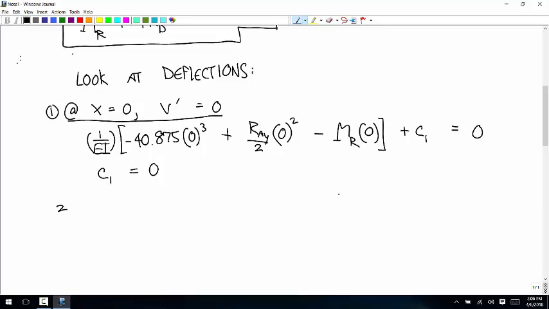And then we go to the second boundary condition at x equals 0. So at x equals 0, v has to be equal to 0.